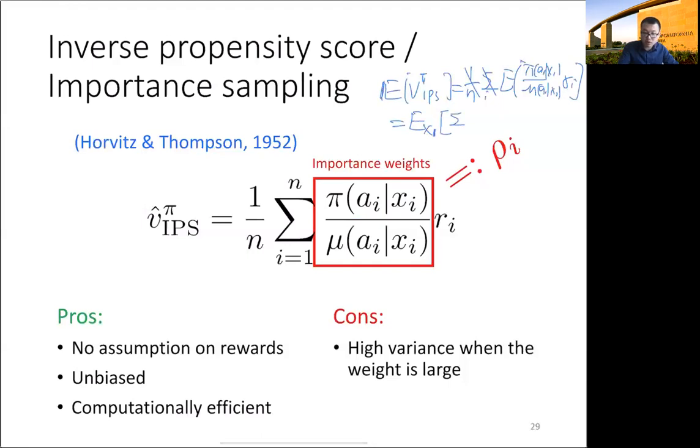But the conditional probability of choosing this action is simply the summation over actions of mu of A given x1, and then you will have pi of A given x1 over mu of A given x1, and these two get canceled out, multiplied by the expected value of R_i given x and A, right? And this becomes the value of the target policy pi, right? So it's a simple change of measure trick, which will work. There are no assumptions needed on the reward. Okay, so I'll stop here.